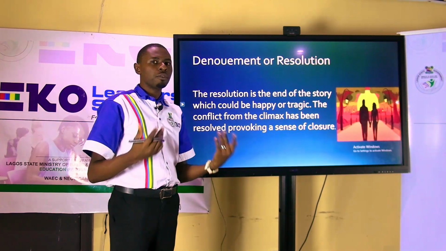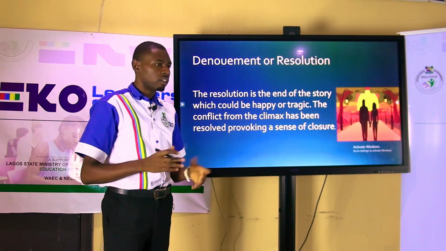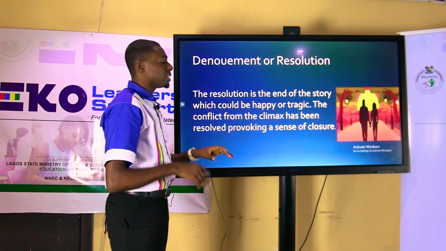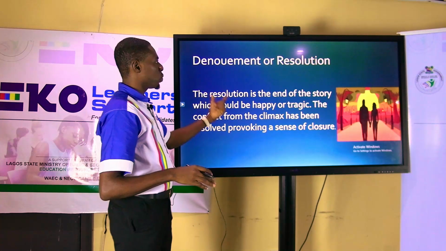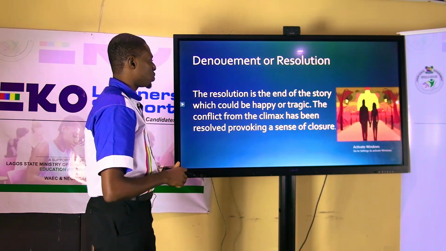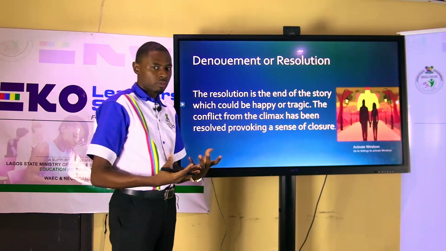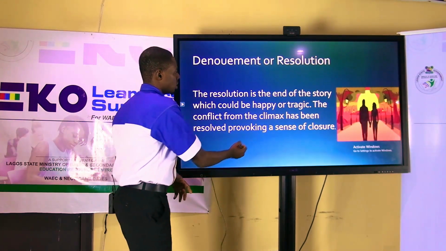Okay? But we also have comedies. We have other kinds of plays or stories where the story ends happily. That end part is what we refer to as denouement or resolution. And there, a sense of closure or ending is created in the reader.